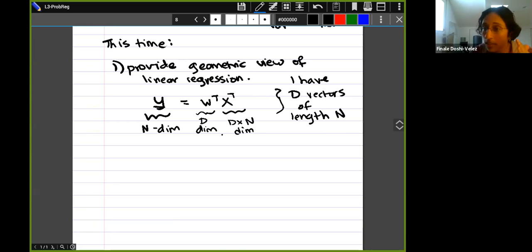And I am combining those d vectors, because that's what this W is doing. This W is combining the d vectors to try to produce this single n-dimensional vector y.